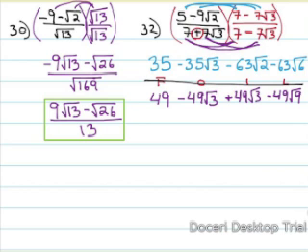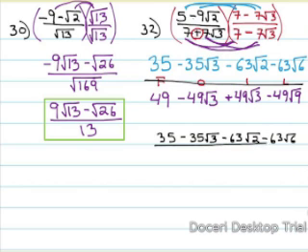Now we've got a lot of simplifying to do. The top, there are no like terms, so you cannot simplify a single thing. It ends up staying as 35 minus 35 radical 3 minus 63 radical 2 minus 63 radical 6. There's nothing you can simplify there. I know it's frustrating, but that's the way it is.